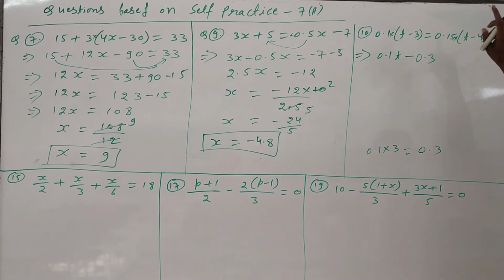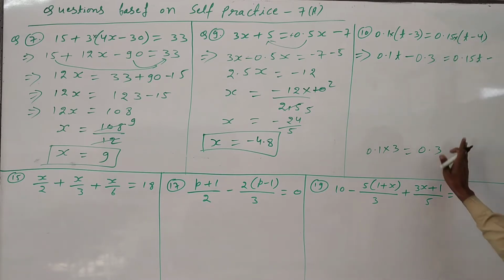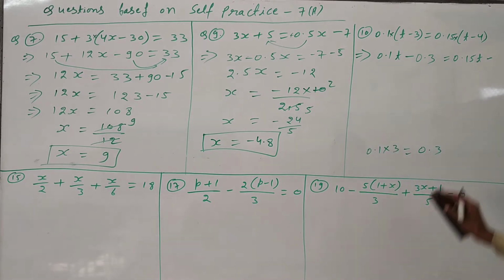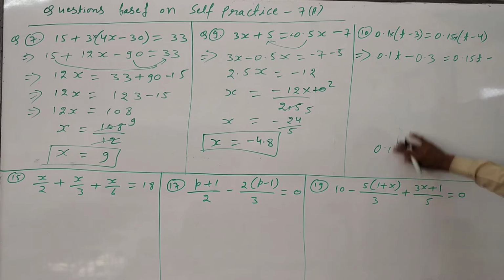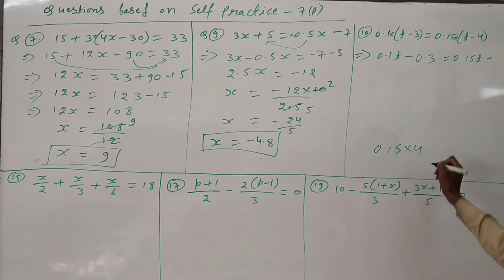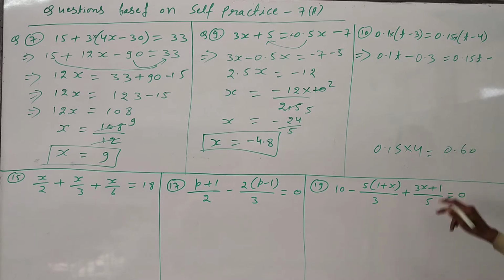Okay. Again, multiply here 0.15 into t. So it will come 0.15 t, and minus 0.15 multiplied by 4. How much will come? 15 fours are 60 will come. So 0.60 like that. So just write down here 0.6, no need to write the 0.